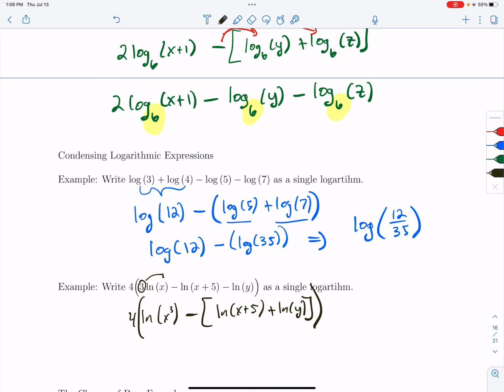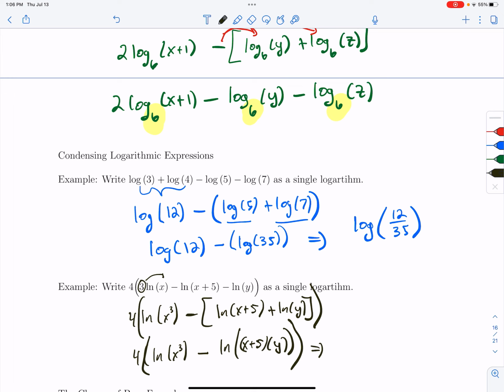So inside these square brackets, I'm adding, so I'm going to multiply x plus 5 times y here. So we're bringing everything down, ln x cubed minus ln of x plus 5 times y, and outside parentheses.